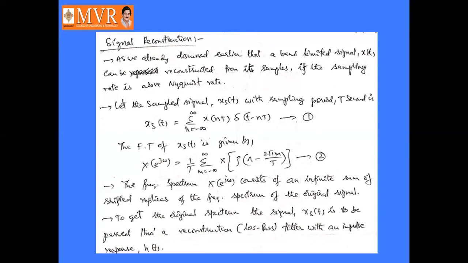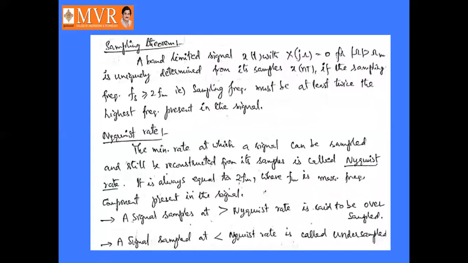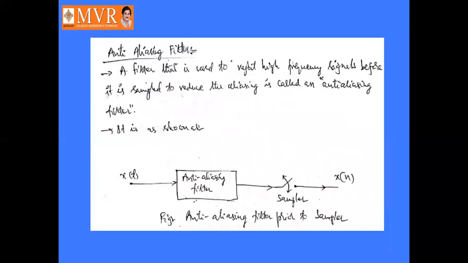As we discussed earlier, a band limited signal x of t can be reconstructed from its samples if the sampling rate is above the Nyquist rate. The Nyquist rate is 2 fm, so the sampling rate fs is greater than 2 fm.